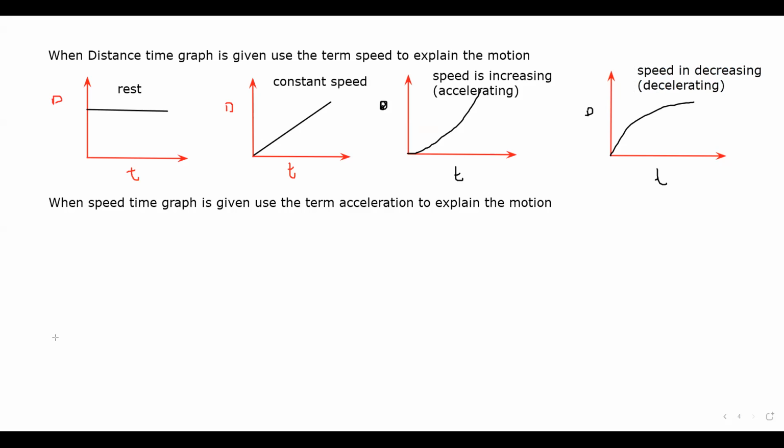So when you have a speed time graph and it is a horizontal line on the origin, what can you say about the object? A horizontal line which is on the origin. So the object is at rest or stationary.